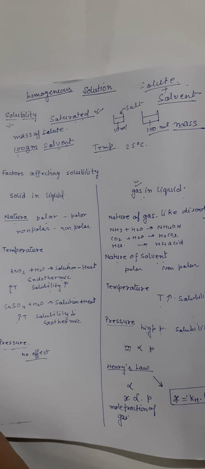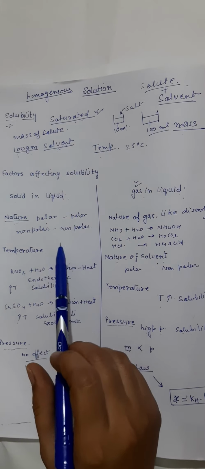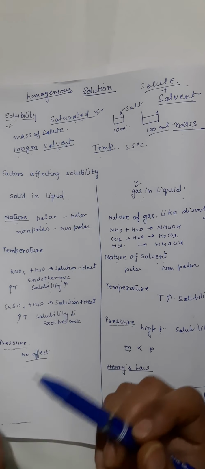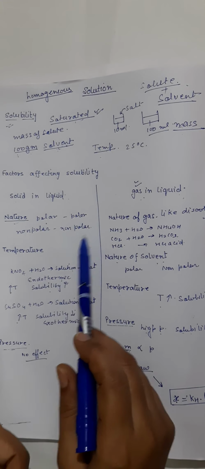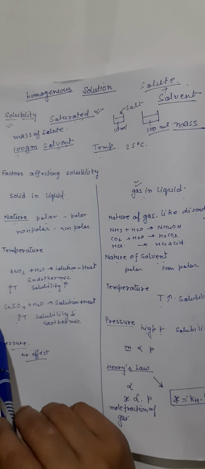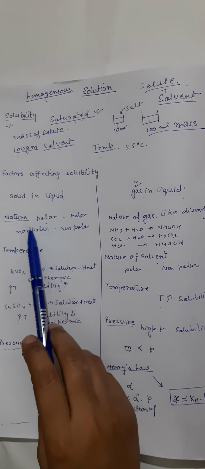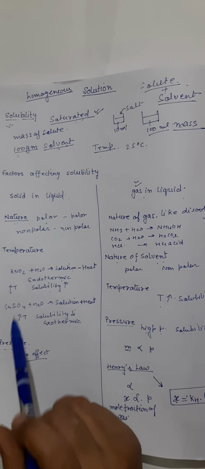And non-polar compounds like chloroform, benzene, naphthalene or benzoic acid will be more soluble in non-polar solvents like benzene, carbon disulfide, carbon tetrachloride, and many other non-polar solvents. The basic rule that applies here is like dissolves like.